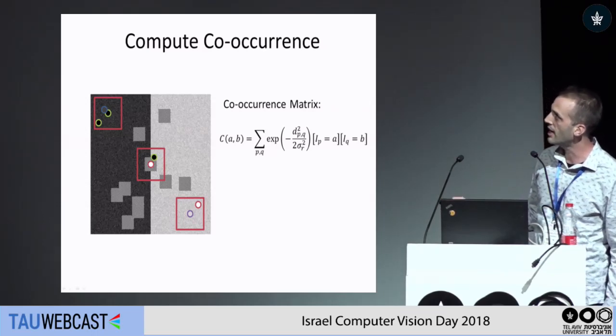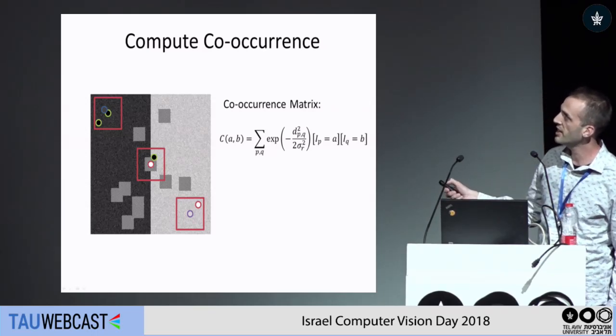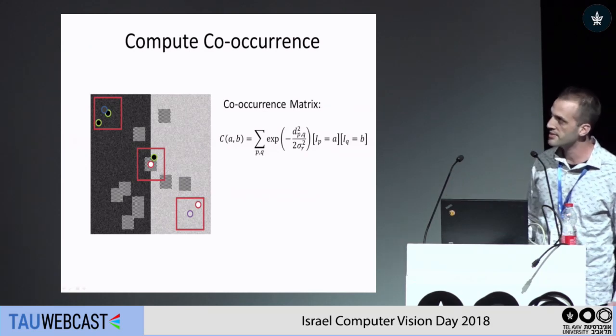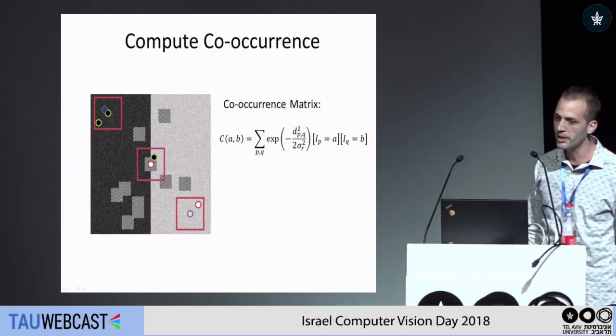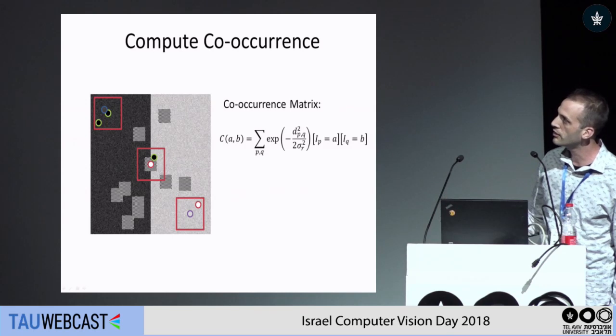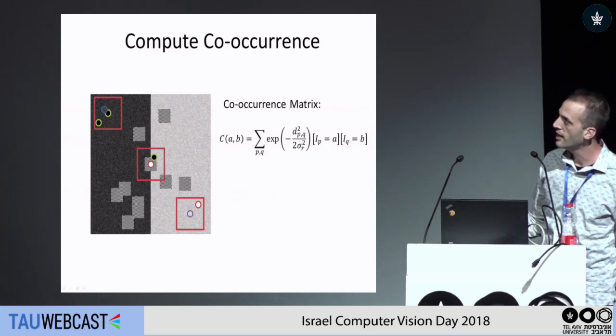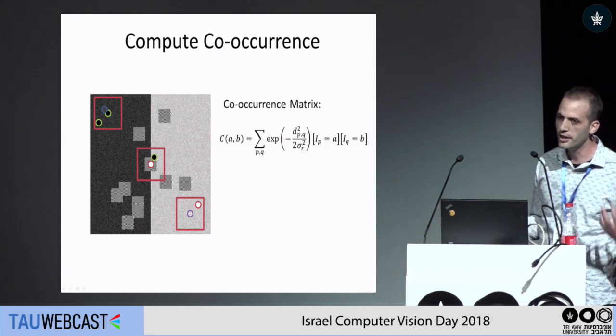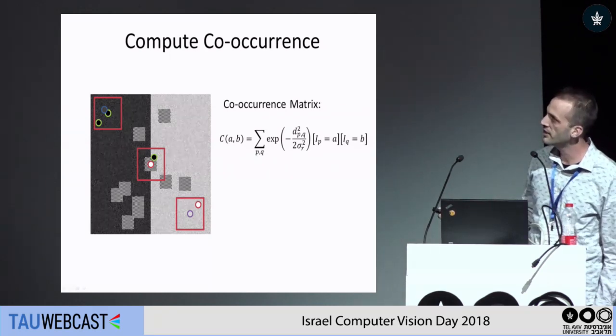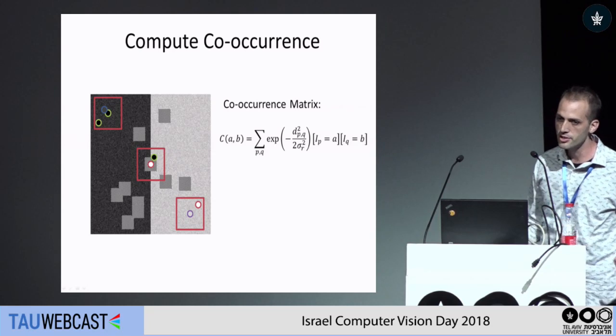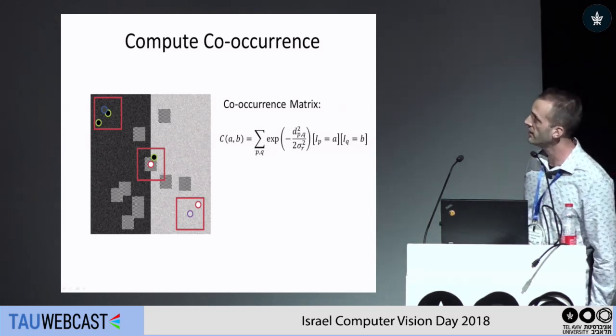So we have this Gaussian kernel, which is inverse proportional to the distance in the image plane between two pixels. So if we take the contribution of this black circled green and the gray circled blue, they contribute a lot more than, let's say, the two green pixels, just because they're closer in the image domain.